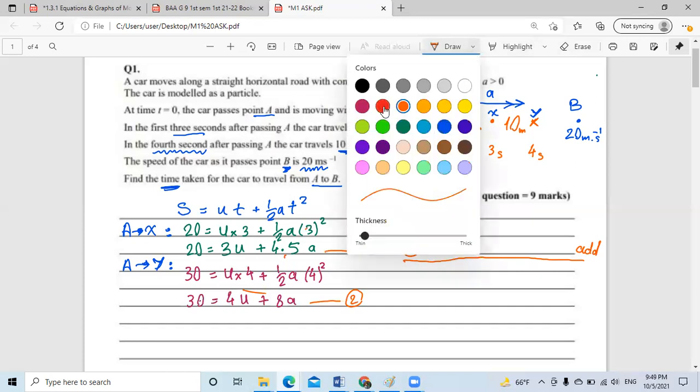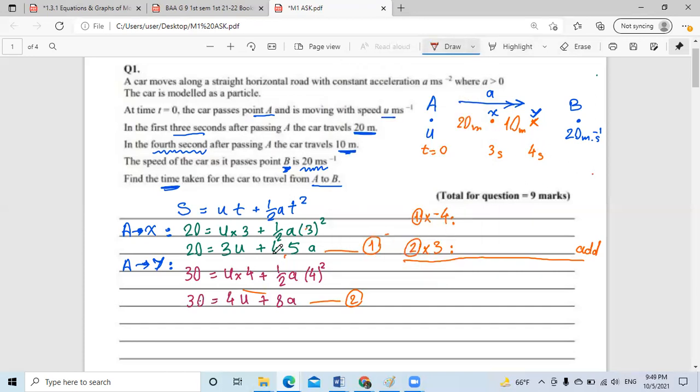Here I will put the first equation and multiply it by -4. So it will be -80, 20 times -4, equal to 3u times -4, that means -12u, plus 4.5a times -4, which is -18a.